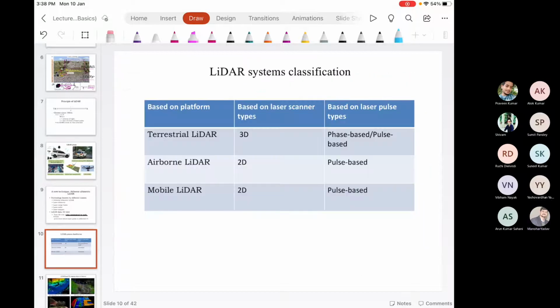Okay. So on the basis of the type of laser pulse, the laser beam that we use, and on the basis of the type of laser scanner, whether the operation is 3D, 3-dimension, or 2-dimension, we have derived criteria to classify the LiDAR systems.